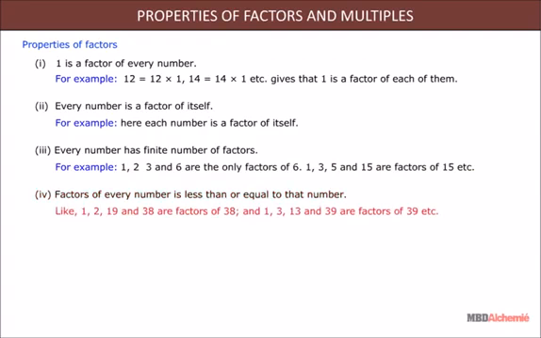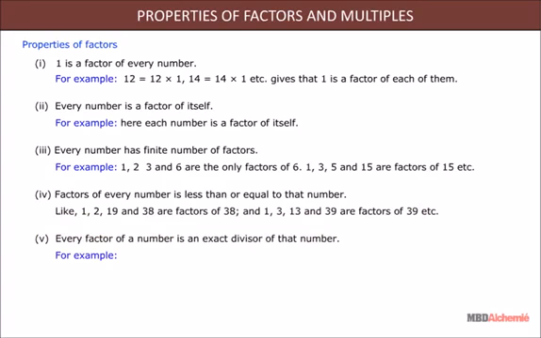Like 1, 2, 19 and 38 are factors of 38, and 1, 3, 13 and 39 are factors of 39, etc. Every factor of a number is an exact divisor of that number. For example, 2 and 8 are exact divisors of 16. Also, 5 and 15 are exact divisors of 45.